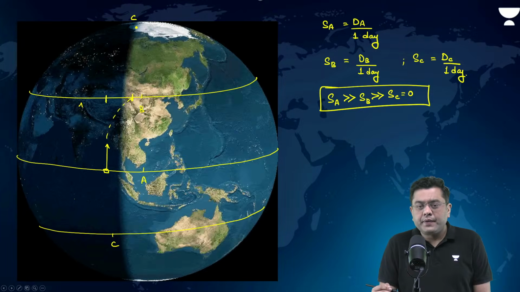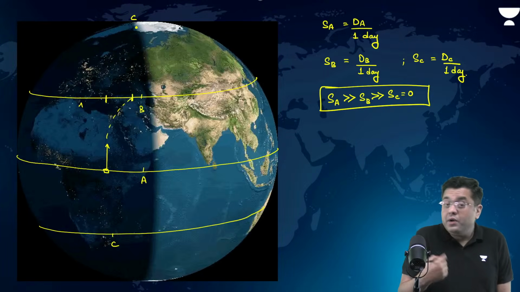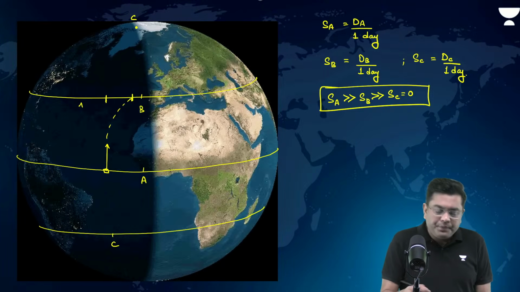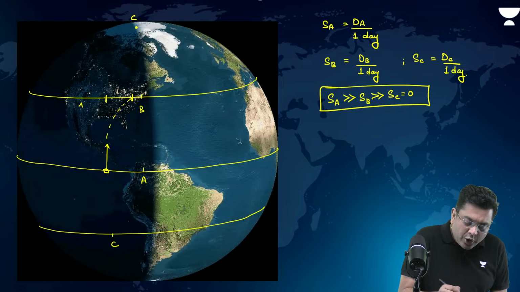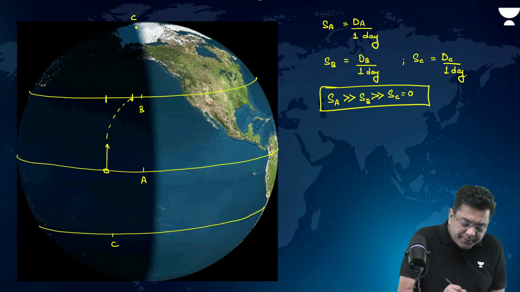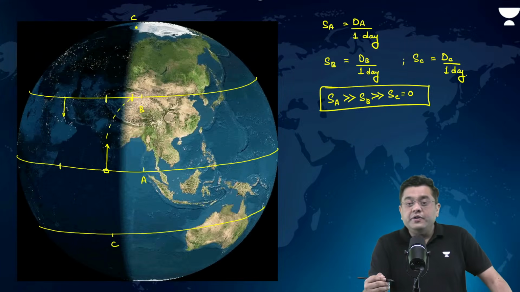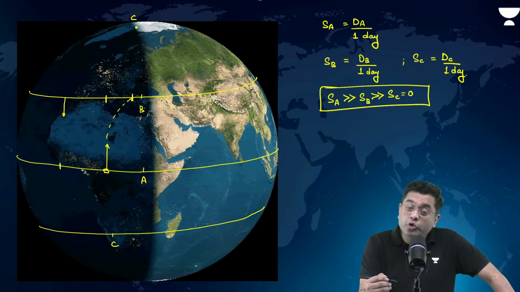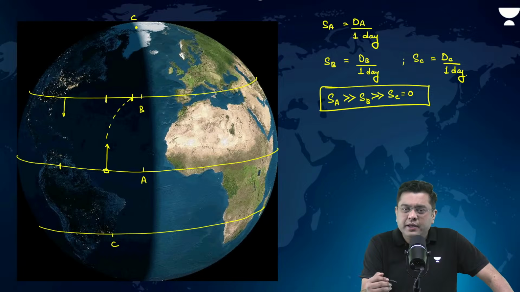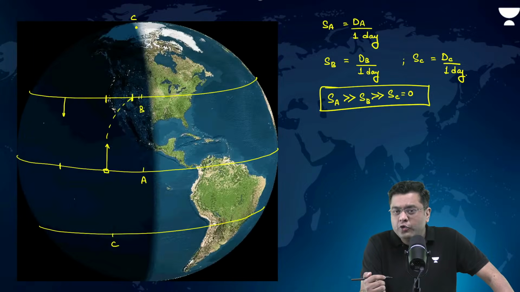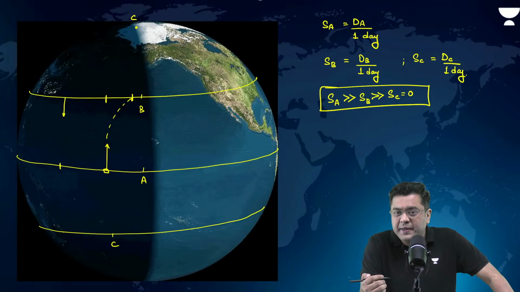Yes? Now, let's consider the opposite. Let's suppose an object is trying to move from B to A. It is trying to reach here. This is the case of the slow to fast, right? B is rotating at a slower speed, A is rotating at a faster speed.